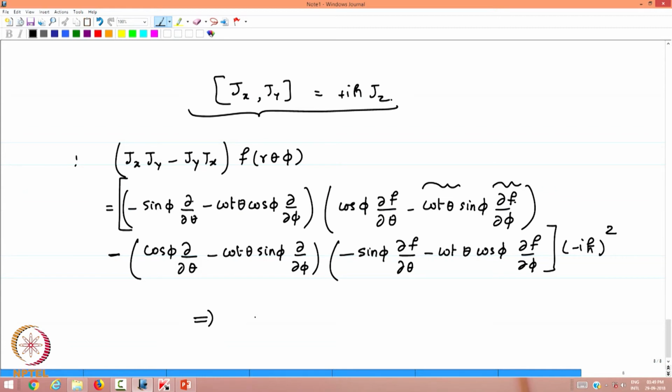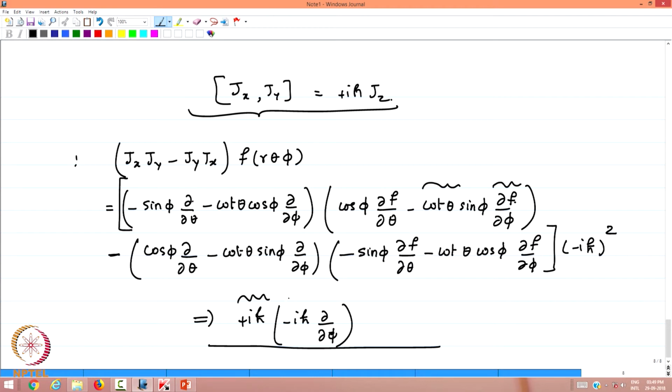You have to do it in a similar way, and this will give you the result iħ, plus iħ, and you know what Jz is. Jz will be minus iħ ∂/∂φ. This is what you should get. This is iħ, this is Jz, because JxJy gives you that.